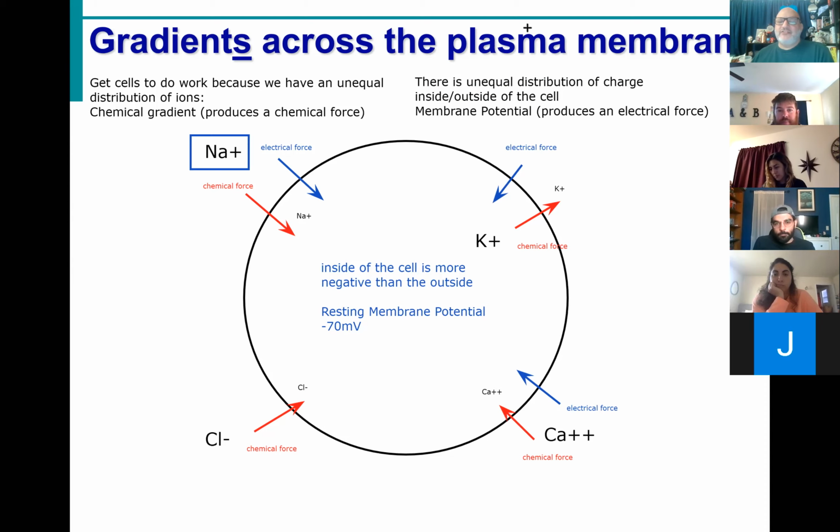When you open a potassium channel in the cell, which way does potassium go? Does it go out of the cell or does it go into the cell? Out of the cell. So the chemical force is bigger. So there is indeed an electrical force on it, but the chemical force is bigger. So when we open a potassium channel, potassium does go out, but there is an electrical force driving it in.